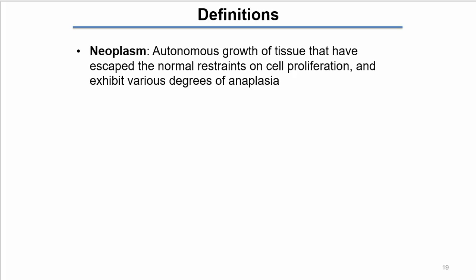So neoplasms are very metabolically active and they're undergoing mitosis a lot. So they almost go right from telophase into the next prophase very quickly. And they kind of skip G1, S, and G2, or they abruptly shorten them at least. So another definition, neoplasm. An autonomous growth of tissue without normal restraints on cellular proliferation. Neoplasm, new growth.